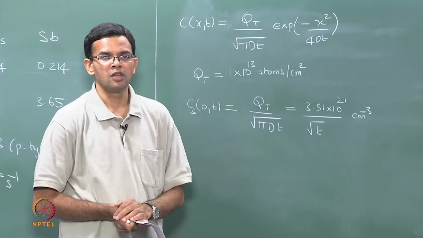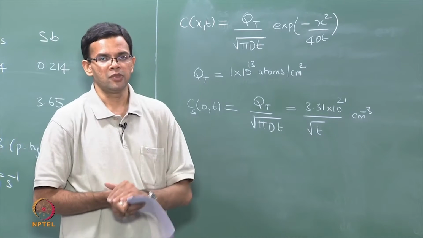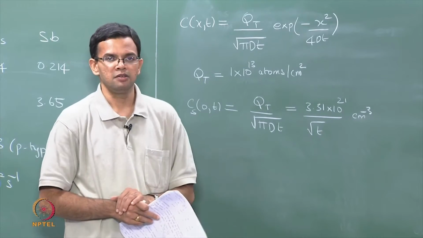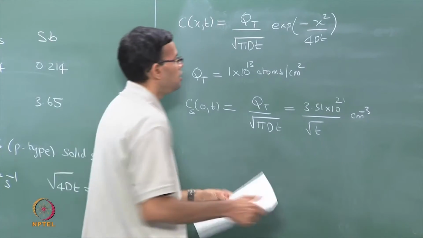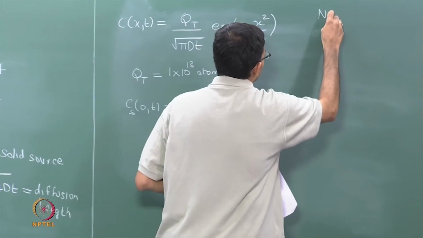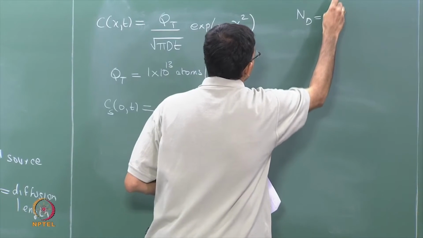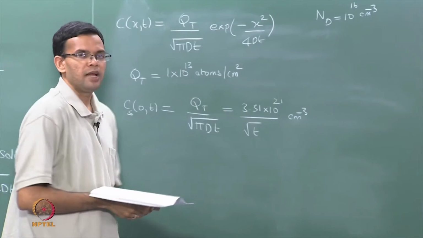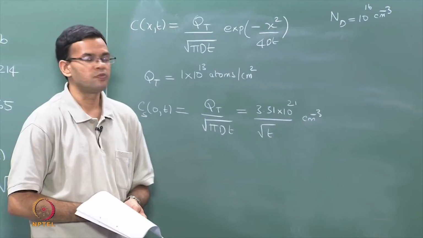So we want to know at what depth the p-n junction is formed. In this particular example, where you already have arsenic with concentration of 10 to the 16th, Nd is 10 to the 16th. I want to know at what depth my p-n junction is formed.